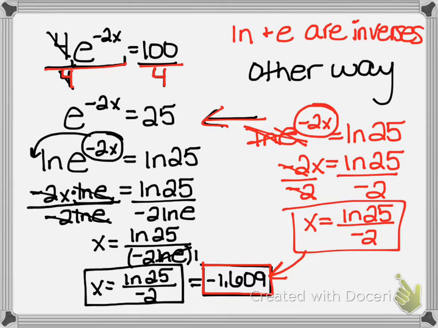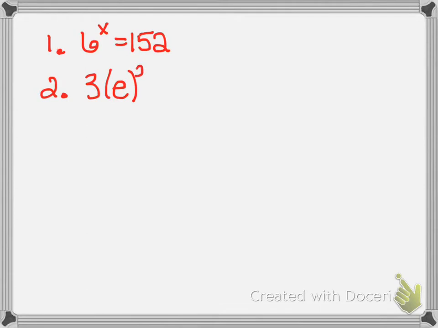And so as we did last week, I'm going to give you 4 practice problems to try. The first practice problem is 6 to the power of x is equal to 152. The second practice problem is 3 times e to the power of 2x plus 7 is equal to 12.